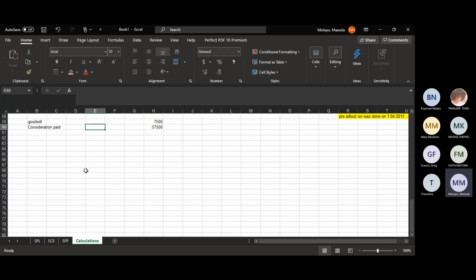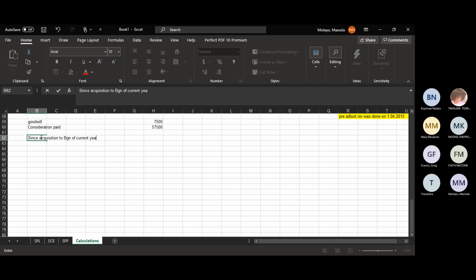Then we go to the since acquisition to the beginning of the current year.